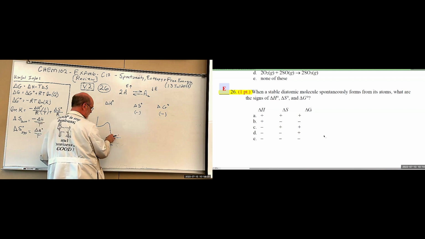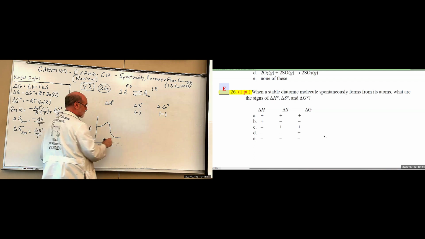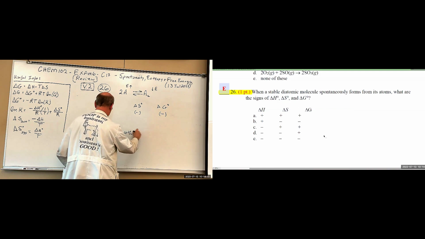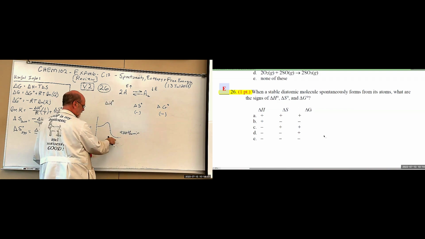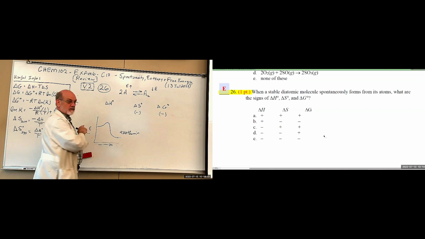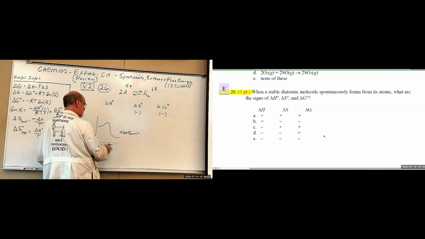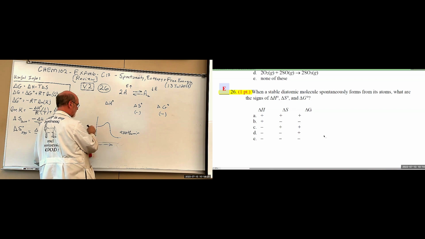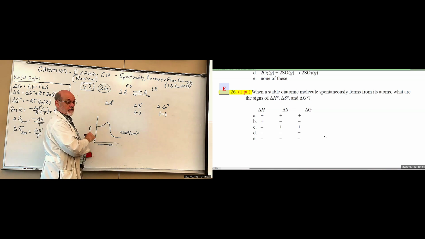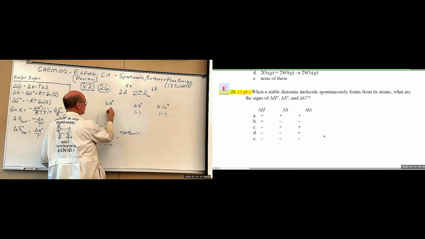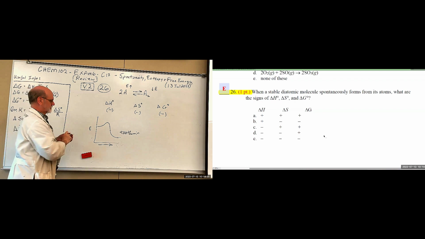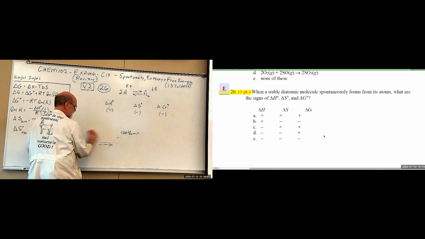That means that this is an exothermic reaction, right? Because it's final minus initial. So final E minus initial E, this one's low, this one's high, minus the high makes it a negative, which is exothermic. So this one's also negative. Okay. I'll take that as a yes.